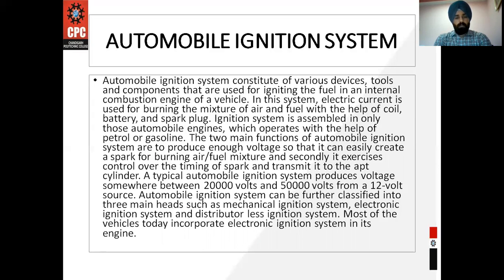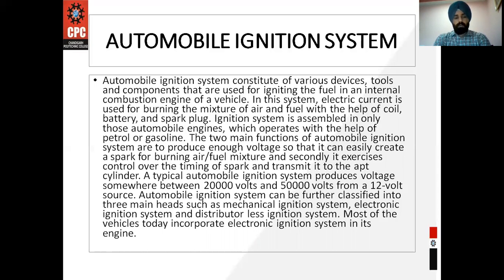A typical automobile ignition system produces voltage somewhere between 20,000 volts to 50,000 volts from a 12 volt source. Automobile ignition system can be further classified into three main heads, such as mechanical ignition system, electronic ignition system, and distributorless ignition system.